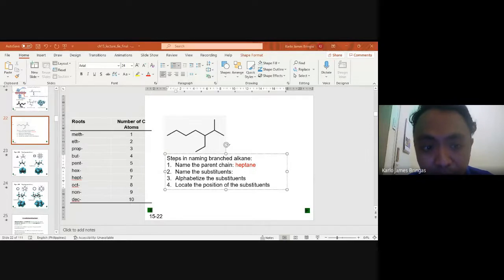So ano bang pangalan ng substituents natin dito? So what are the names of the substituents that we have?